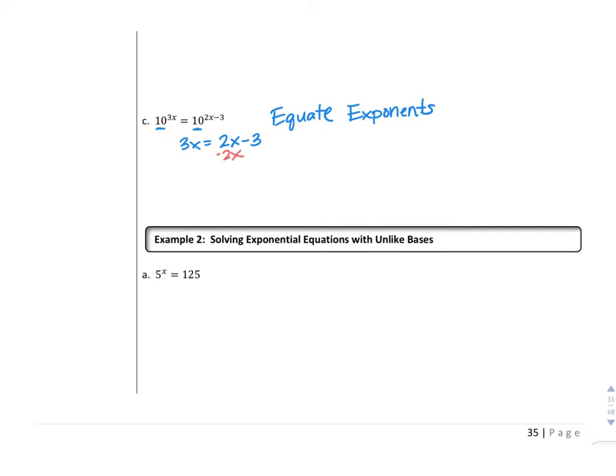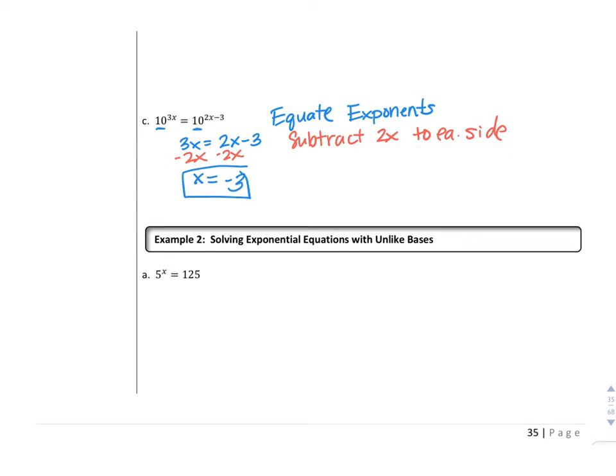So if you subtract the 2x, we will end up with a positive coefficient on the left side. So we will have x is equal to negative 3, and then you're done.